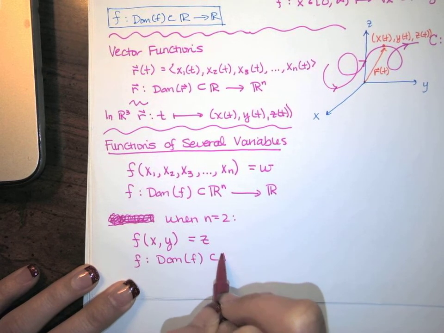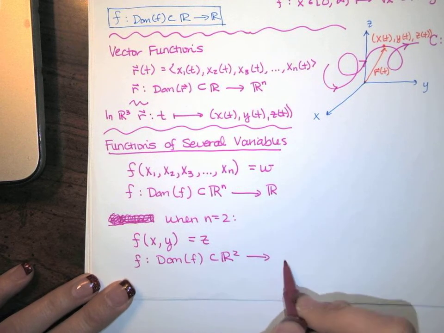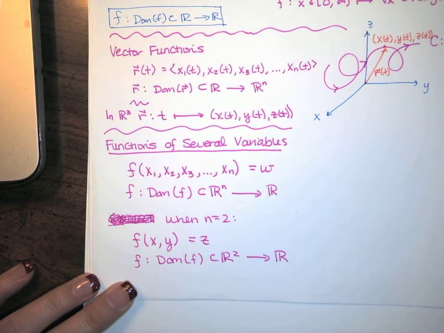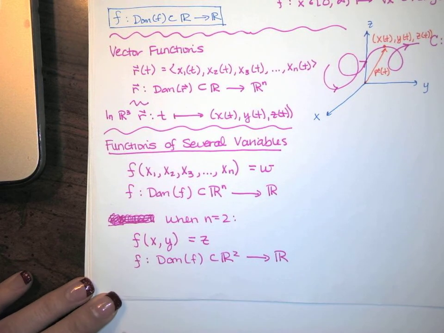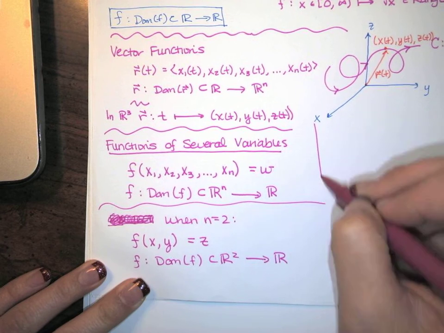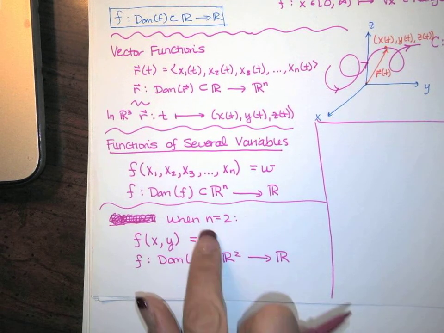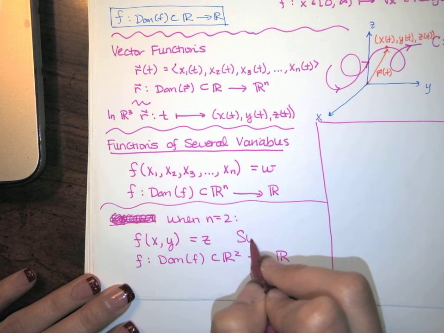The domain is a subset of 2-dimensional space, and it's mapping it to another real number. We've actually seen functions like this already when we looked at surfaces in that first chapter. We didn't call it a function of several variables, but this is representing a surface.